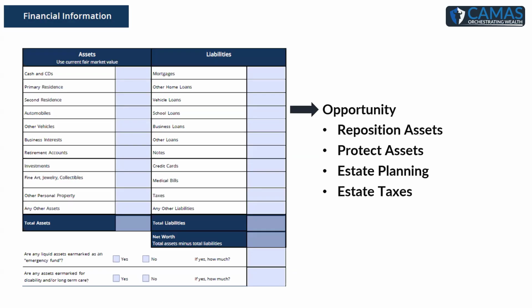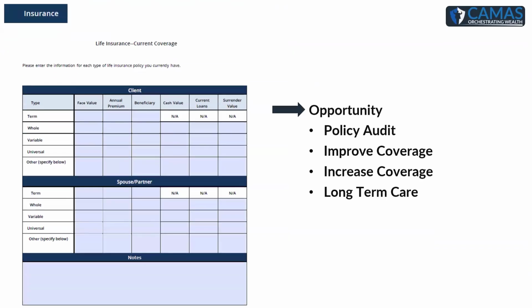If they've got $1 million in cash and they're in a situation where they could be sued, probably not the best thing to do. But this is going to help us down this path with them and start opening up those questions so we can ask them, is this something that they would care to explore, or do they understand the benefits? This is where we really start going into the estate tax and estate planning and helping them understand what their tax exposure may be on those assets.